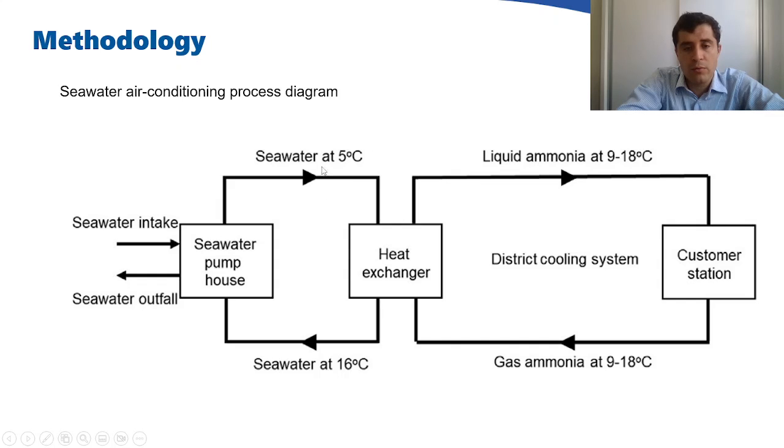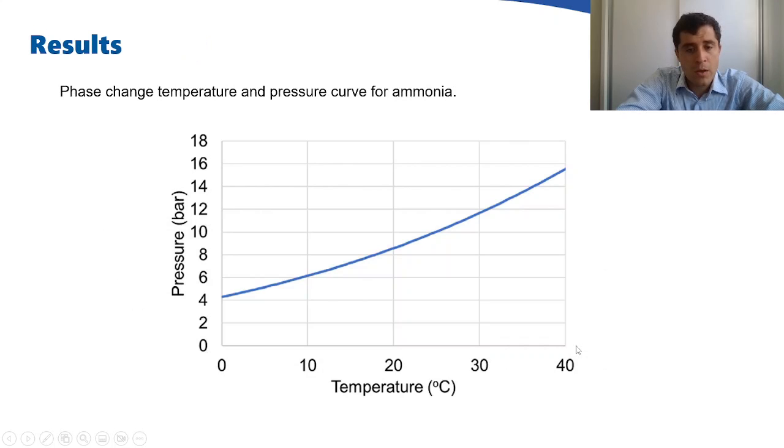The seawater arrives at 5 degrees. It can leave at 16, for example. The liquid ammonia arrives at 9 degrees, 9 to 18, depending on your system. You can have higher pressure, so you have different systems: one that operates at 9, one at 15, another at 18, for example. And then the ammonia gas comes back at a similar temperature.